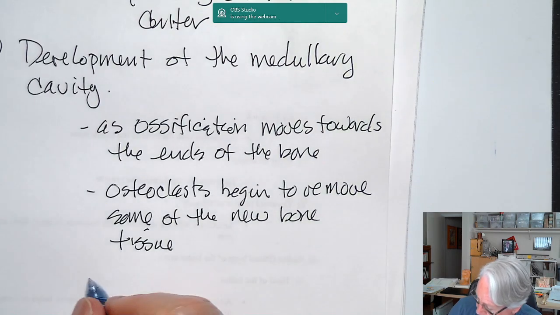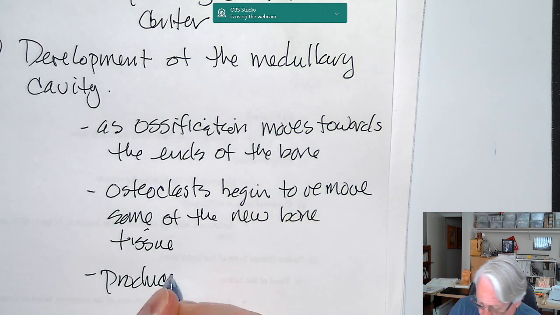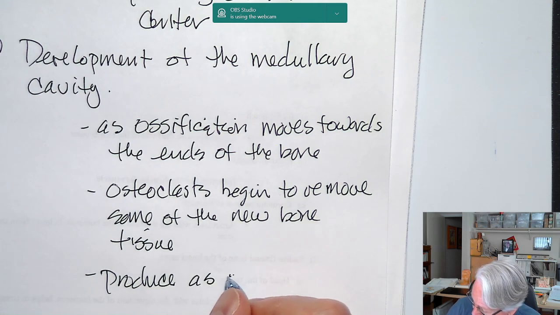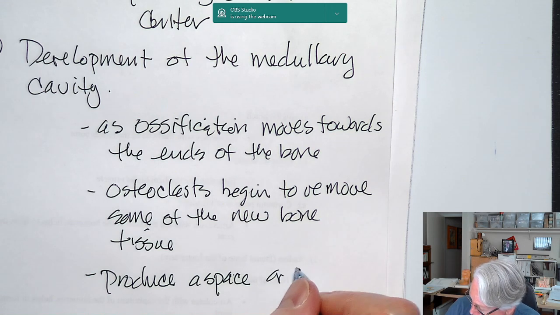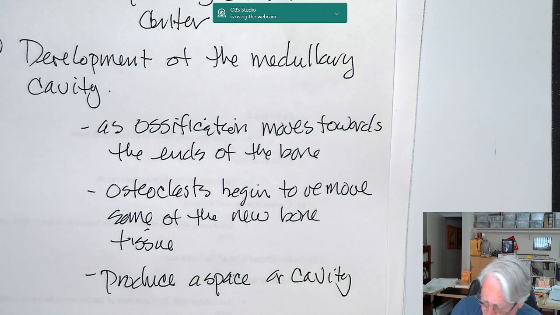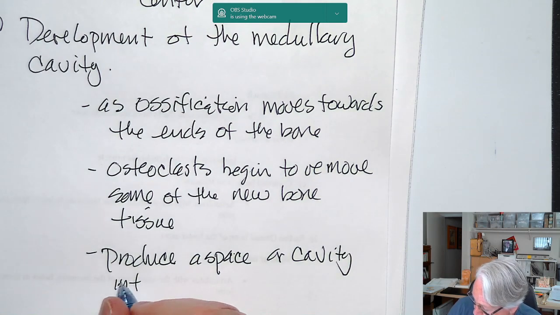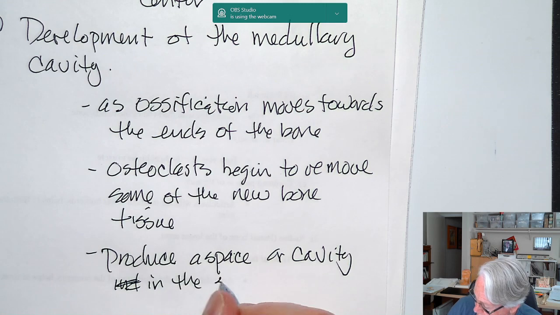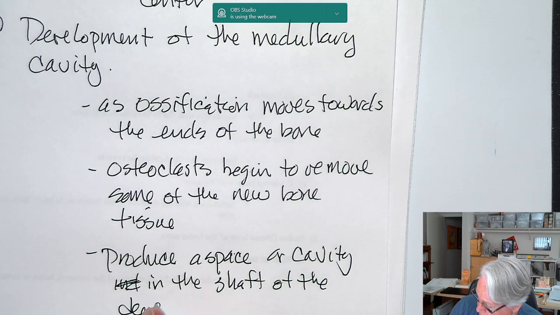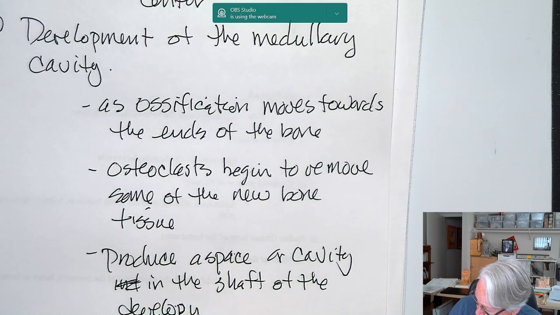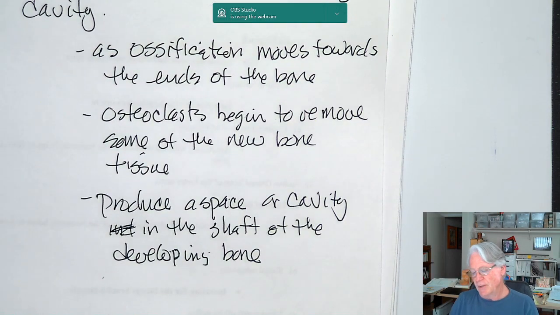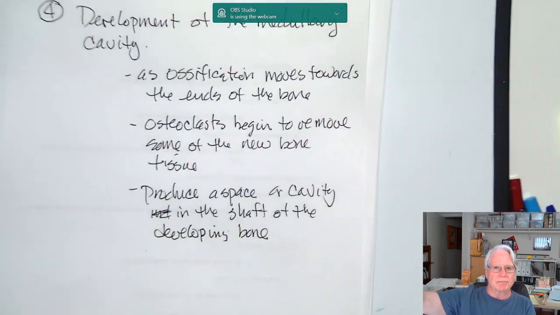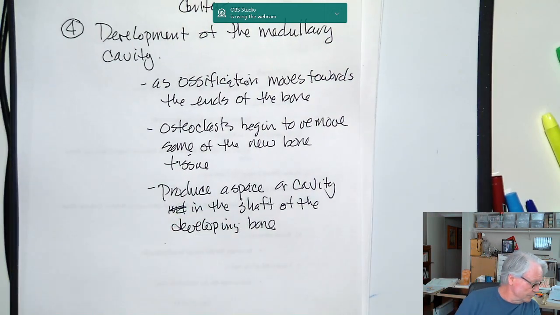Okay. This will produce a space or cavity in the shaft of the developing bone. And that is going to be our medullary cavity. Okay.